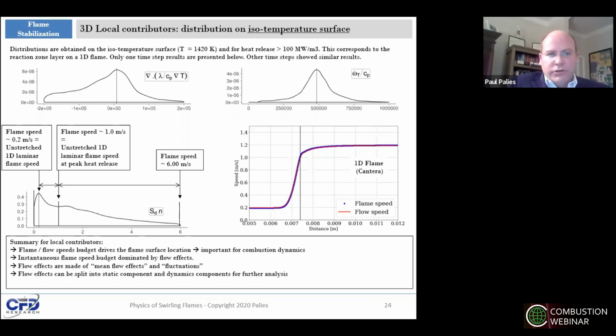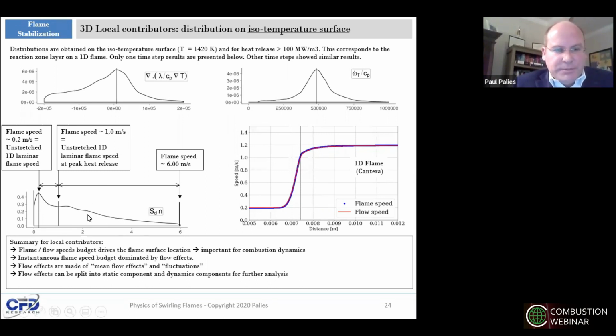We look at the distribution of this local contributor, and particularly we can look at the flame speed here, and we see that there is a peak for the flame speed in terms of distribution, meaning the maximum number of occurrences of this value of flame speed are around 0.2 meters a second.